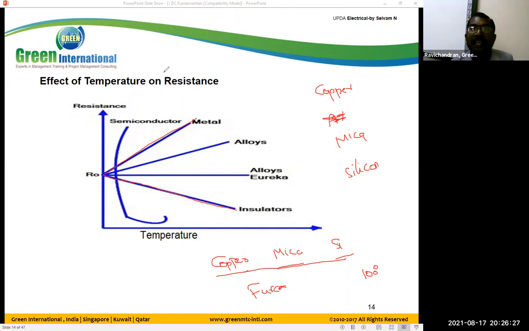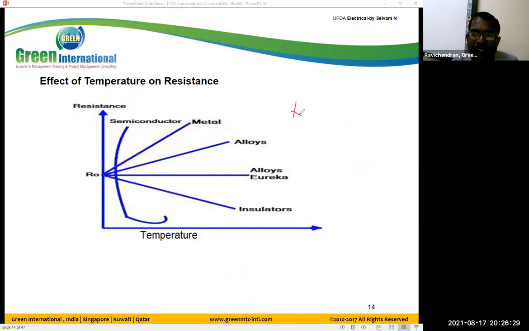So the important thing is this formula: R_T is equal to R naught into 1 plus alpha naught into T. By using this formula, we may classify materials as a conductor, an insulator, or a semiconductor.